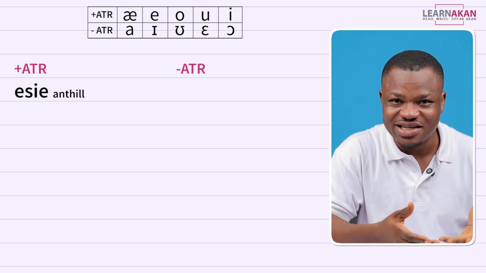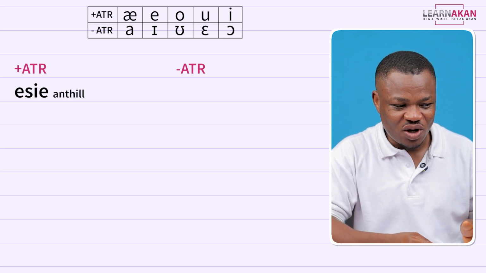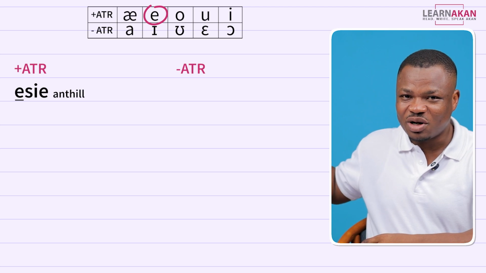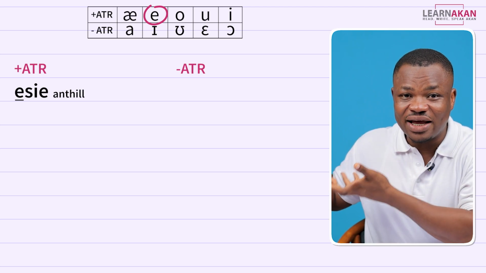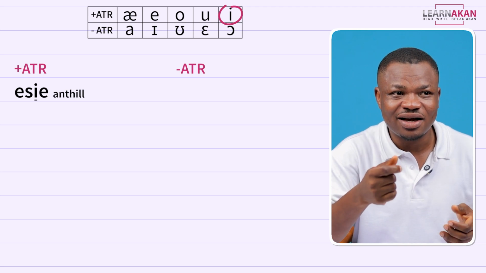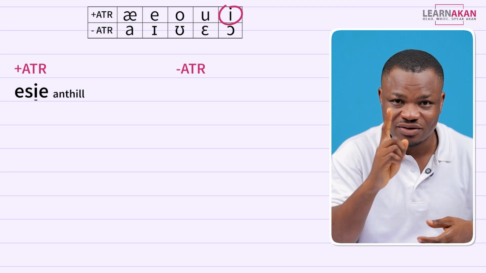Let's start with mekyea. Mekyea, which is an anthill. Now, we have A in front. This A is from the plus ATR set. It is a regular A that you find in Dede, for example. And then we have E, and E is part of the 4 vowels that produce a single sound, right?